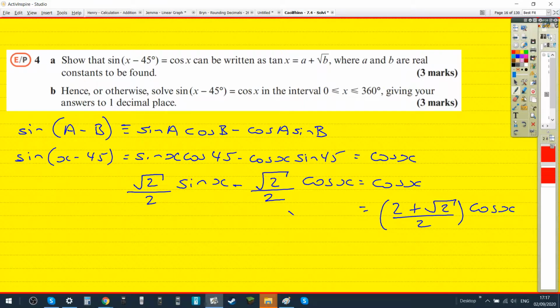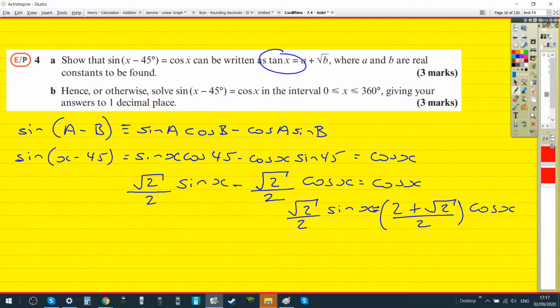What's next? Now, will we divide both sides by root 2 over 2? No. You have a mixture of sin x and cos x.